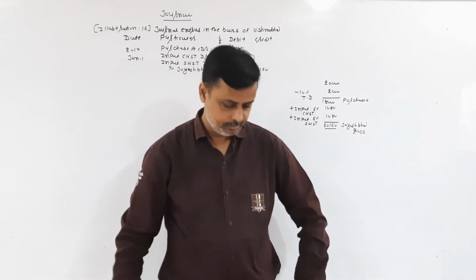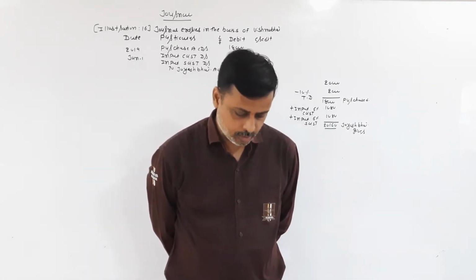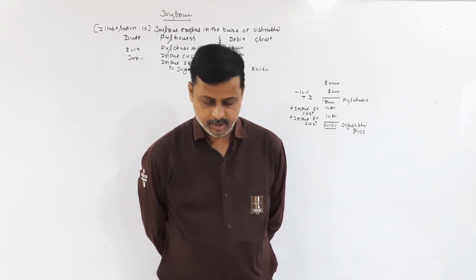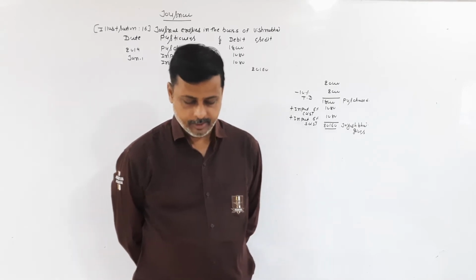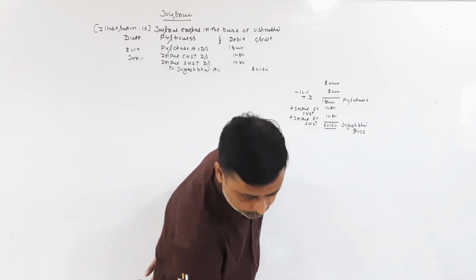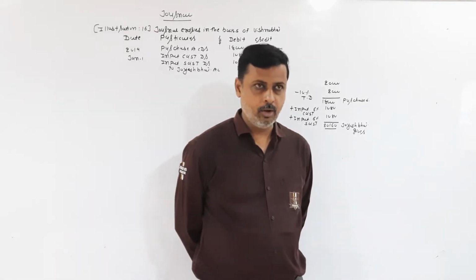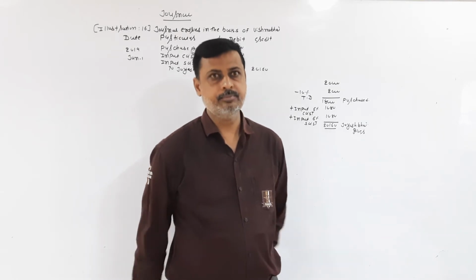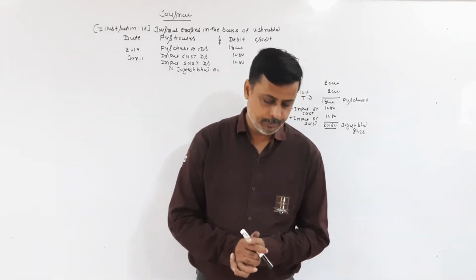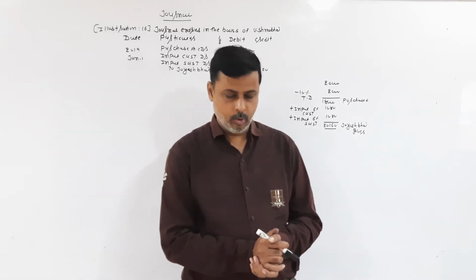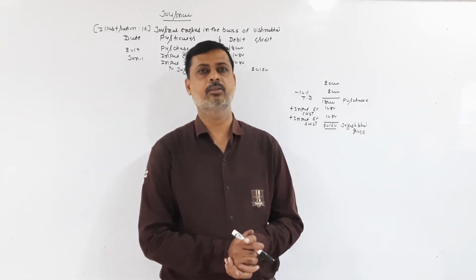Now third, goods of 30,000 purchased at 10% trade discount and 5% cash discount from Badreshbhai of Bhubaneswar, Orissa. Now these goods are purchased from Badreshbhai in Orissa, meaning outside Gujarat.